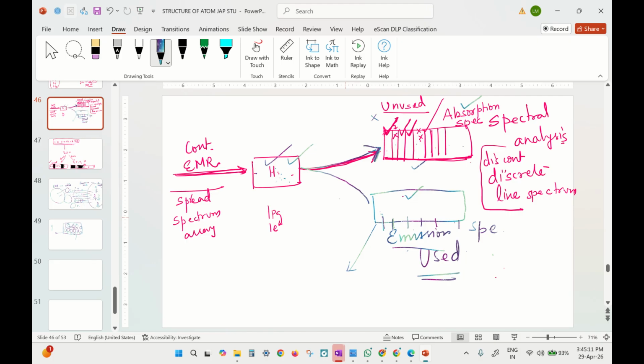Okay, so what is this again? These are arrangements of electromagnetic radiations in decreasing order of frequency and increasing order of wavelength. Is it not so? Be it an absorption or emission spectrum, we would have arranged it either by frequency values or by wavelength values. Right? So various scientists were curious about why these are appearing now.